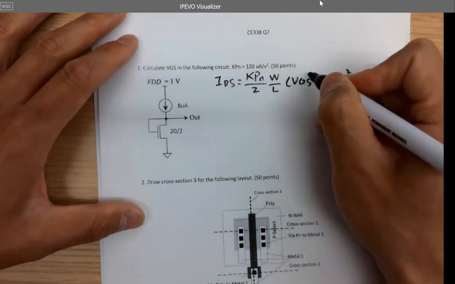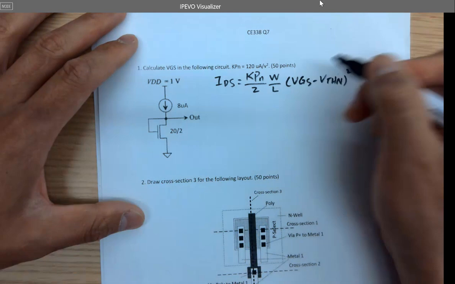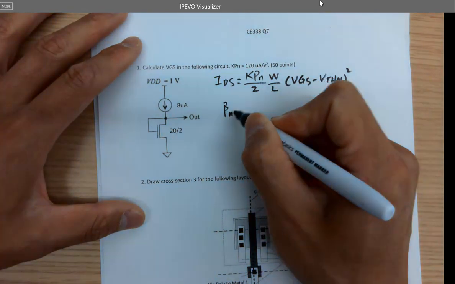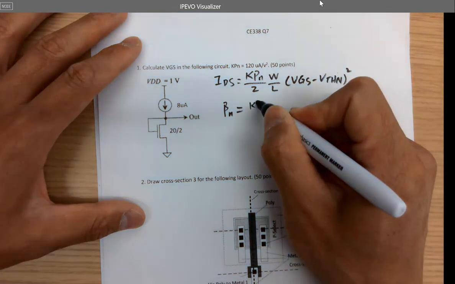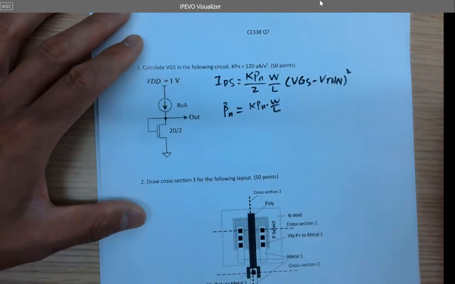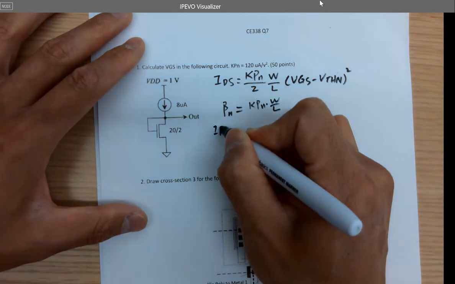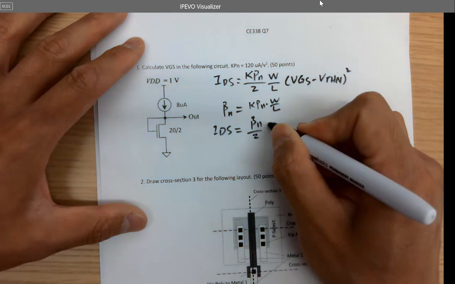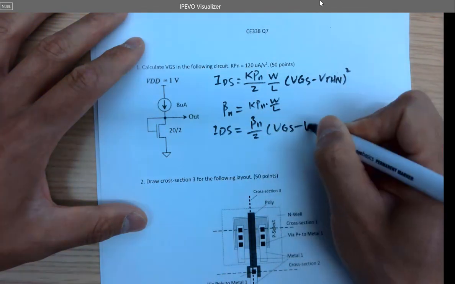That's the voltage we have been using all the time. Because we use beta N to represent KPN times W over L. So IDS also equals beta N over 2 times VGS minus VTHN squared.